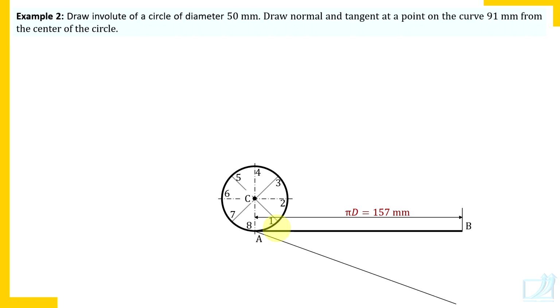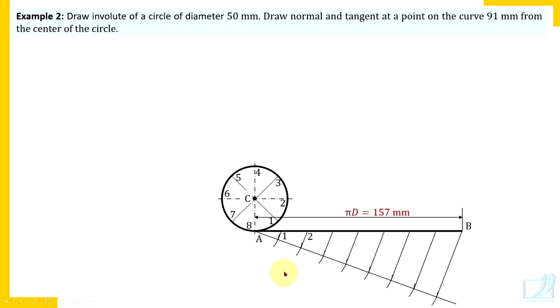Now divide length pi d, but here we have used length AB as pi d since it is not given in the problem. So divide length pi d in 8 parts as usual. Join the end of the 8th division with point B and then draw parallel lines to transfer all those 8 divisions on length pi d along the wire.